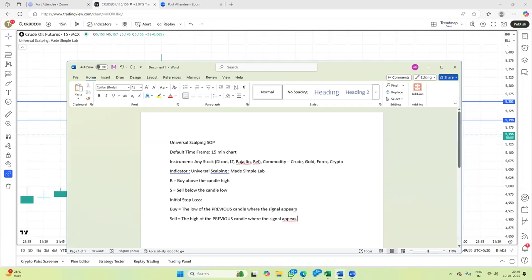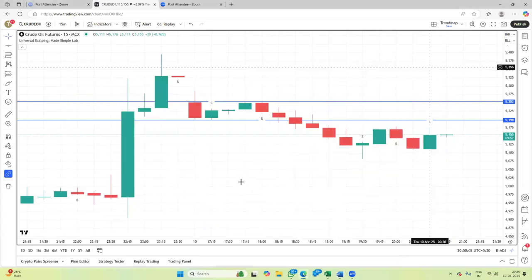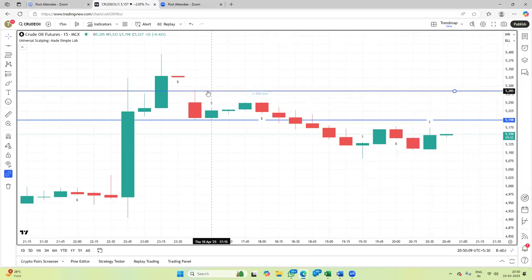Okay. Now let's discuss it with an example. If we got a sell signal here, where will my initial stop loss be? My initial stop loss will be here. Now, for an example, let's say I missed all the trades.